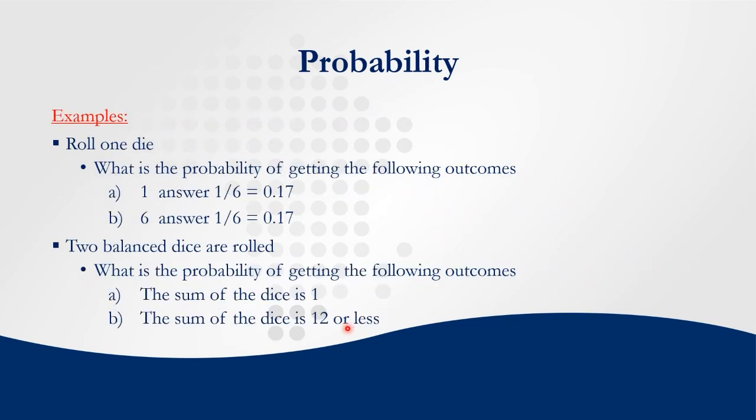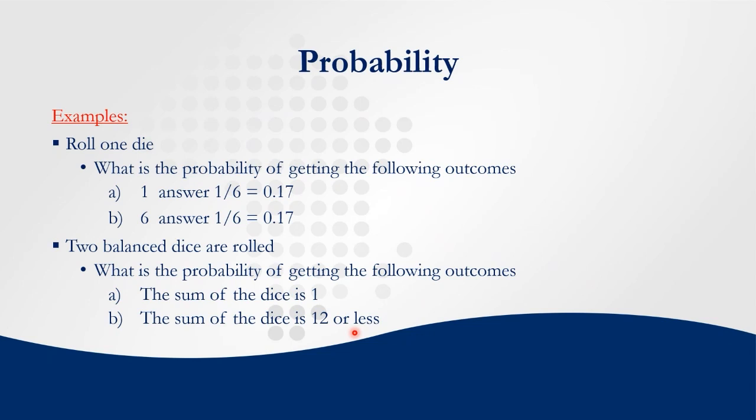Which is the case here. If I sum, it doesn't matter the two numbers, I will always get a sum that is less than or equal to 12. I will get a 12 if both of them land on a 6, which is the maximum. So the probability that the sum is 12 or less is 1.